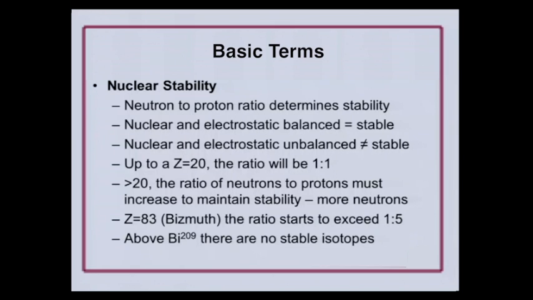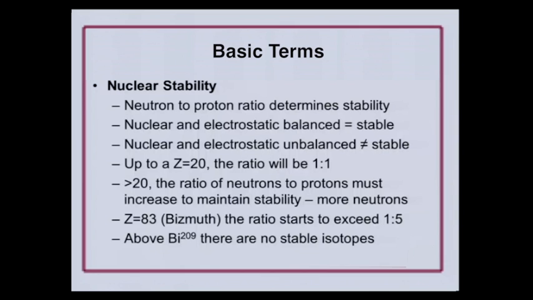And so, to maintain stability, I've got to put more neutrons in there to separate those protons so that the electrostatic force is no longer able to repel. Increasing the distance between the two like charges diminishes the effect of that electrostatic force. So we need more neutrons, which means the ratio goes up as we get above 20.